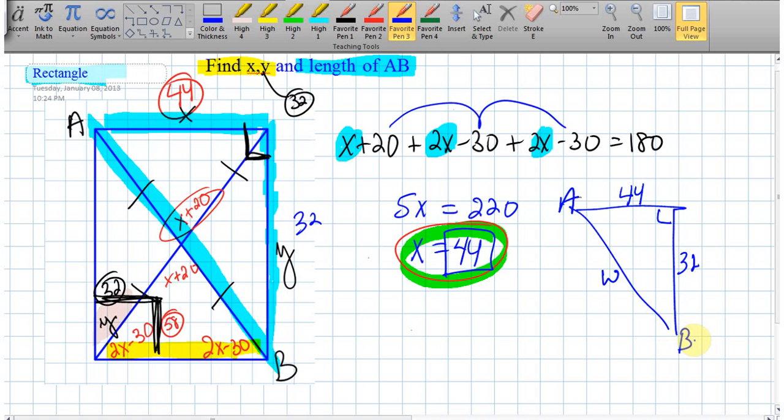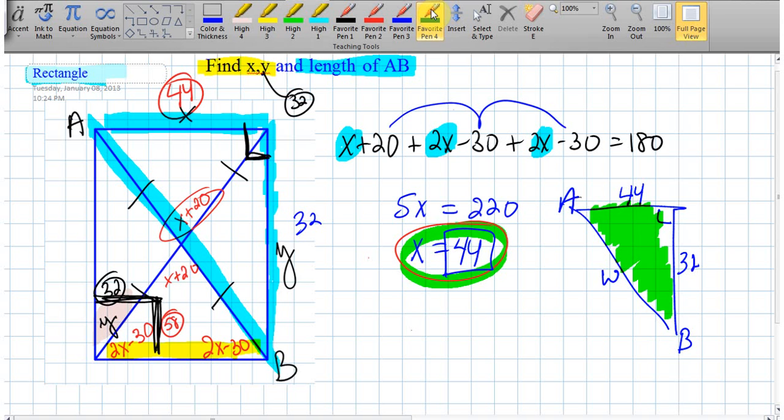So lots of times all of our answers are nice whole numbers, but on occasion they turn out to be decimals. And if we didn't use our calculator, we would have to leave it in radical form. I'm going to choose to use my calculator here and try to get an answer. I'm not sure at this stage whether it's going to be a whole number or a decimal, but we're going to find out. But we can certainly use Pythagoras right now to solve this problem.